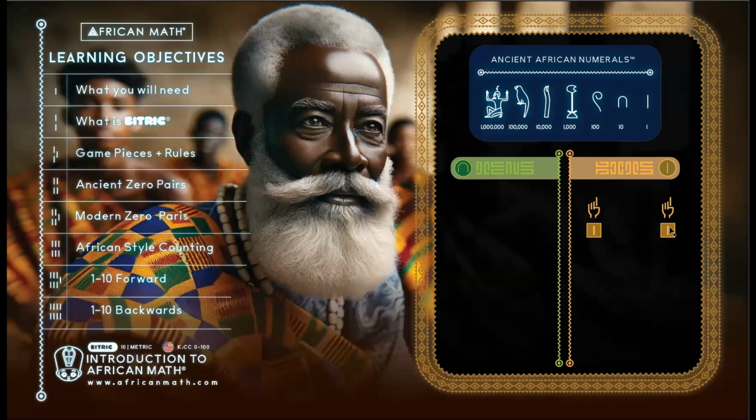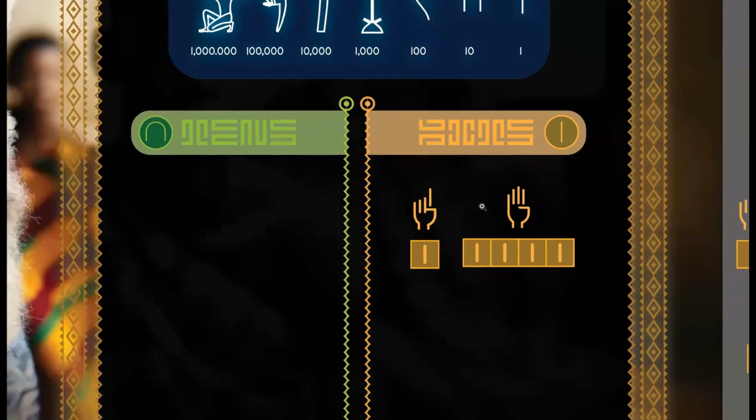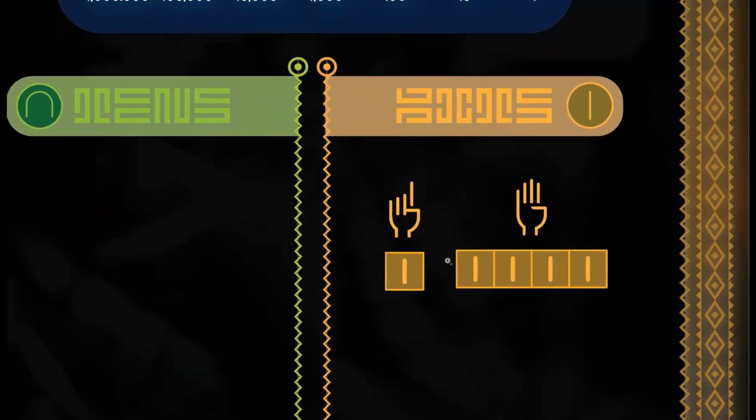So the first group you have in the BITRIC system is a group of 1. Then there's the group of 4, which is called the palm. 4 units is called the palm.